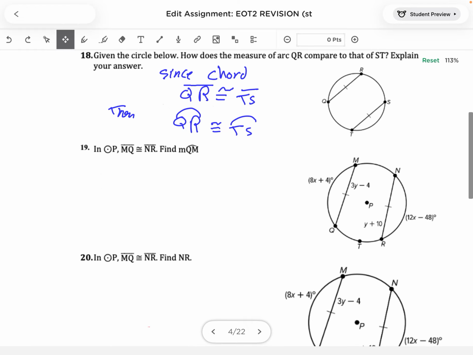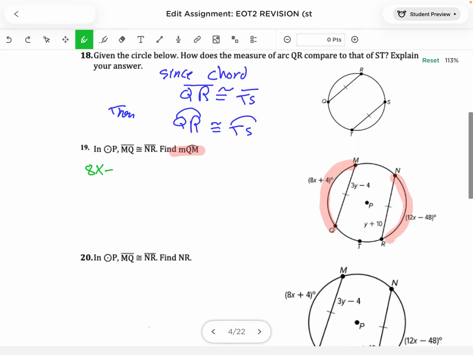The question needs the arc QM, which is equal to the arc R. That means I have to find x, then replace. Focus, ladies. There's a difference between asking for an arc or a chord. They need the arc.